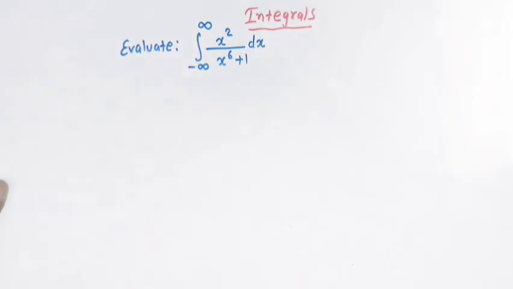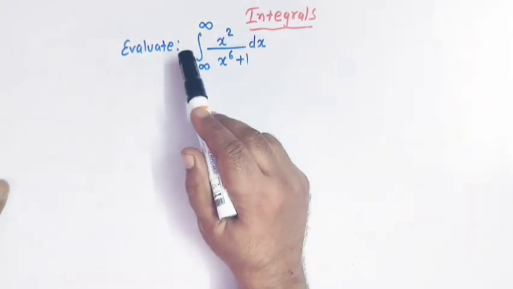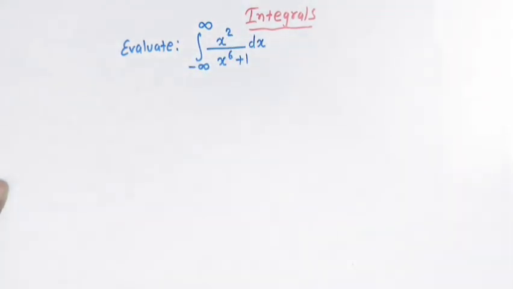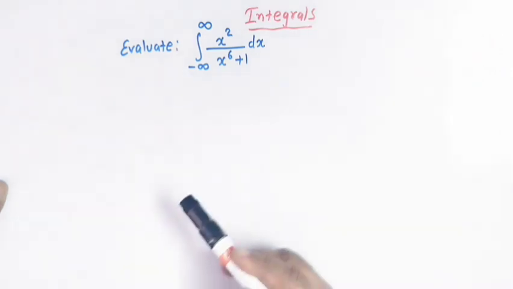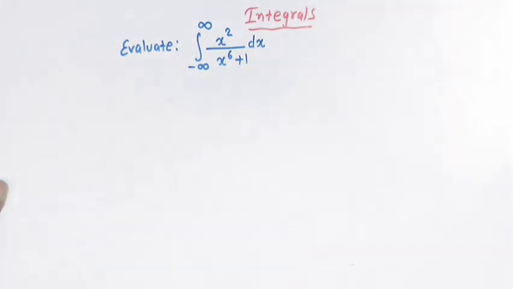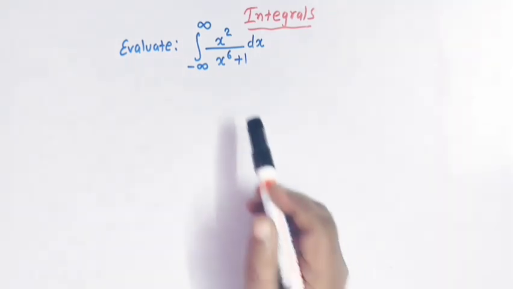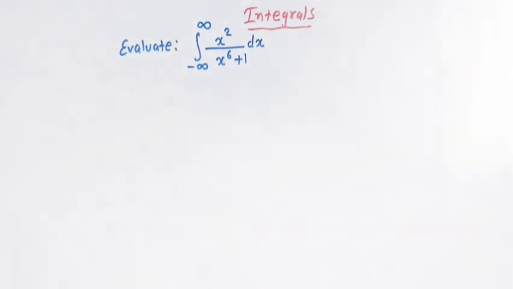We can also solve this integral by contour integration, but we'll take up that topic very shortly. So let us solve this integral by first using the method of substitution, and then by applying the properties of beta and gamma functions.